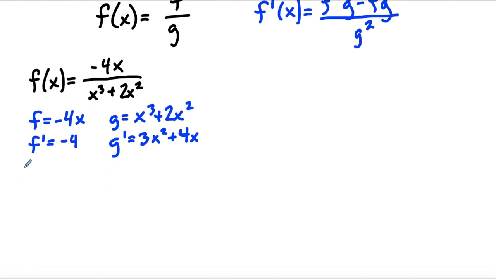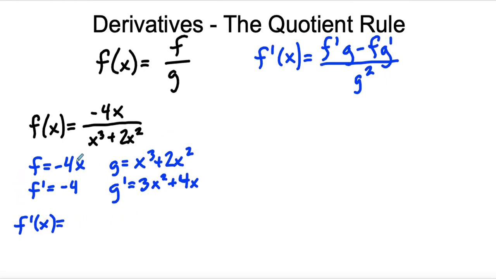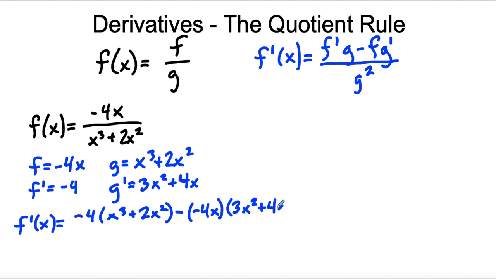Okay, so now I can input this all into my formula so that I can have my derivative using the quotient rule. So f prime is going to be negative 4, and then I'm going to take my original denominator, x cubed plus 2x squared, so minus, and we'll deal with this in a second because we're going to have a negative 4x times g prime, which is 3x squared plus 4x.